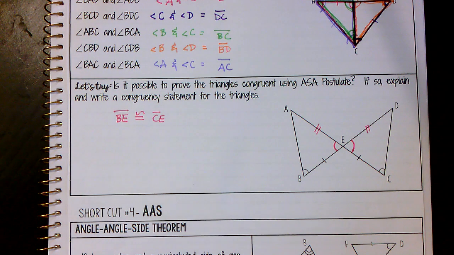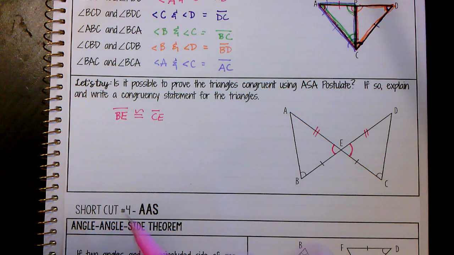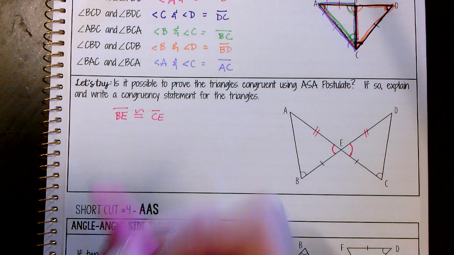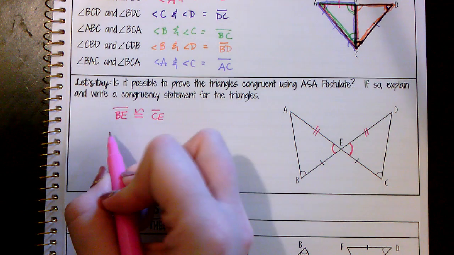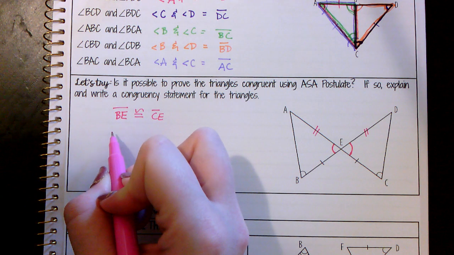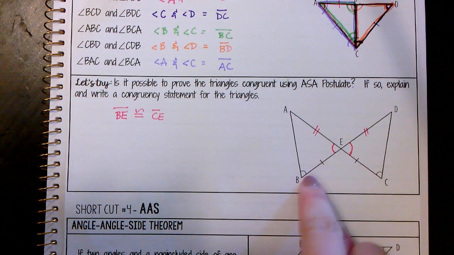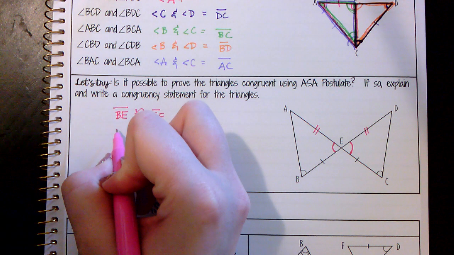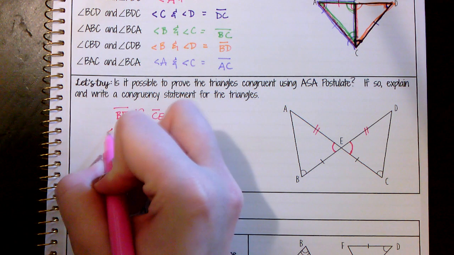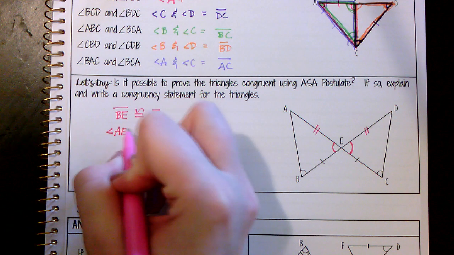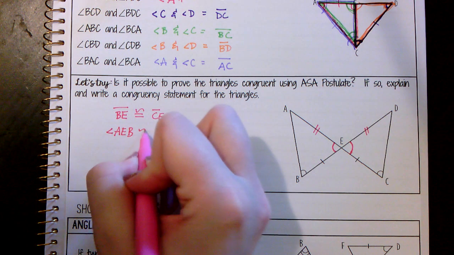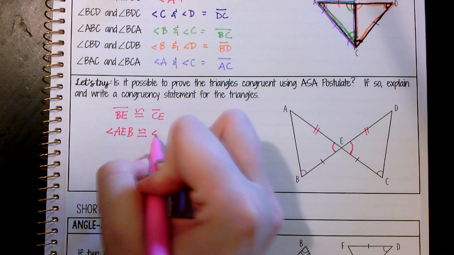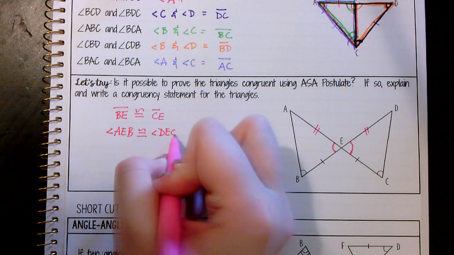If these two sides match up, let's do it this way. Angle AEB is congruent to angle DEC.